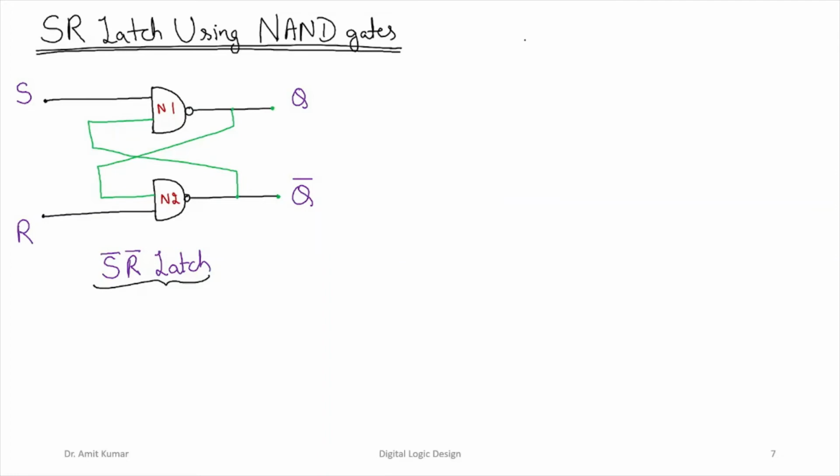If you look at the characteristic table for this latch, S is one input and R is the other, and Qn plus 1 represents the output when we apply these inputs. There can be only 4 different possibilities for the inputs: S is 0, R is 0; S is 0, R is 1; S is 1, R is 0; and both inputs are 1.